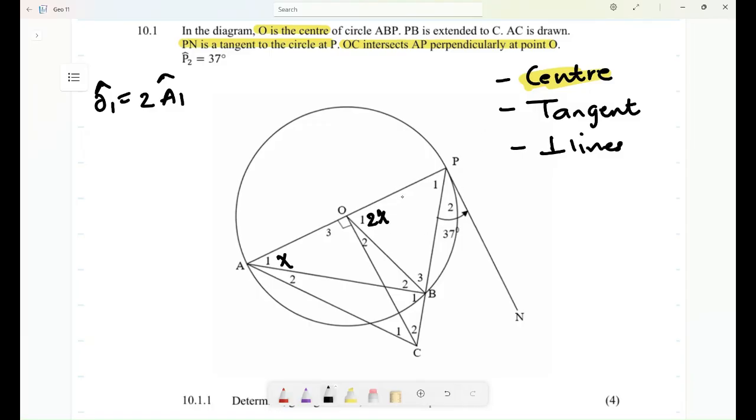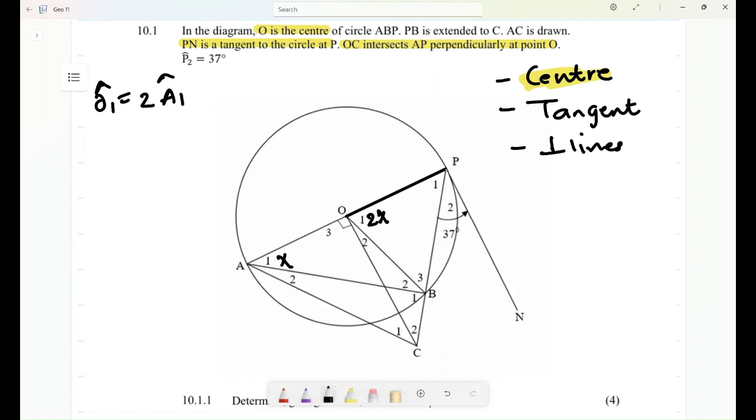Another theorem with center, is it theorem 9 or 8 that says line from the center? If a radius, remember radius, it is line from the center to the circumference.